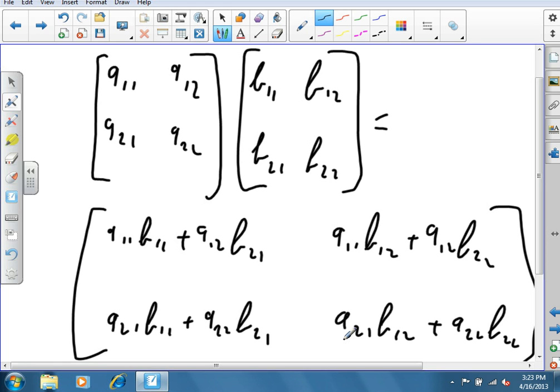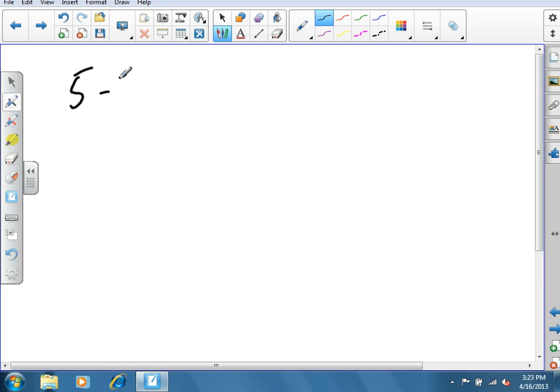So now what we're going to do is we're going to have a group of simultaneous equations. We're in section 5-4.